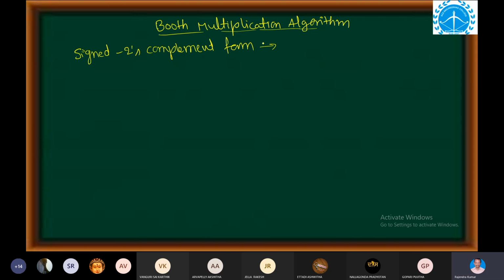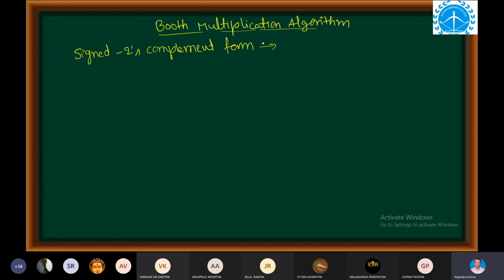So here, the main principle in the Booth multiplication algorithm is, when 0 occurs in the LSB of the multiplier, there is no addition, and it just shifts the multiplicand.